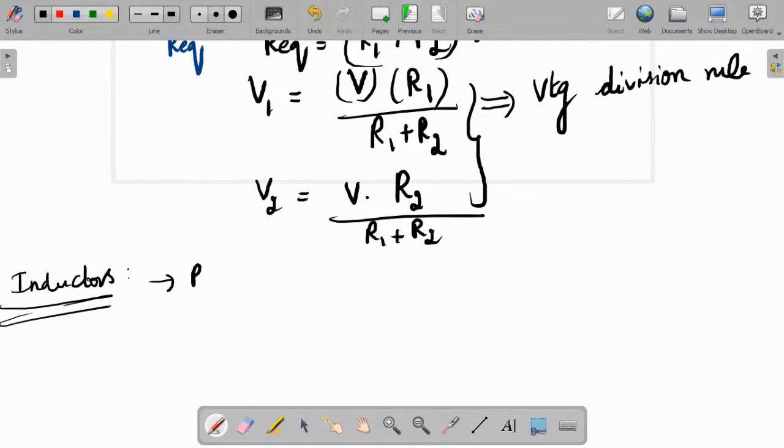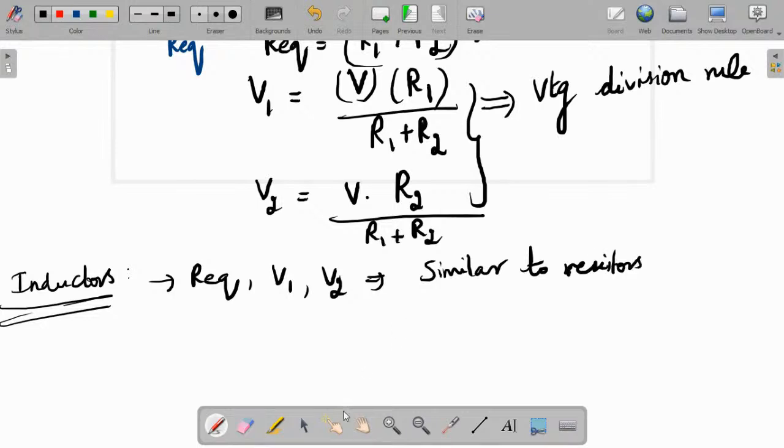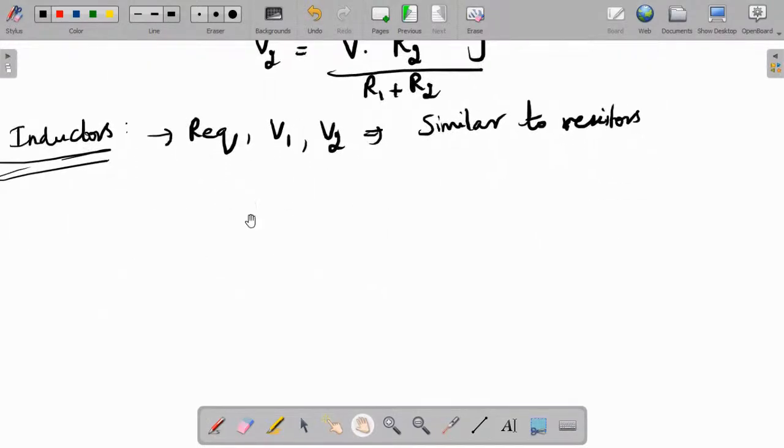It is L equivalent, and finding the voltage drop across the elements is all similar to resistors. So similar to resistors in series. We will not spend time on inductors. Next we will go on to capacitors, the series connection in capacitors.